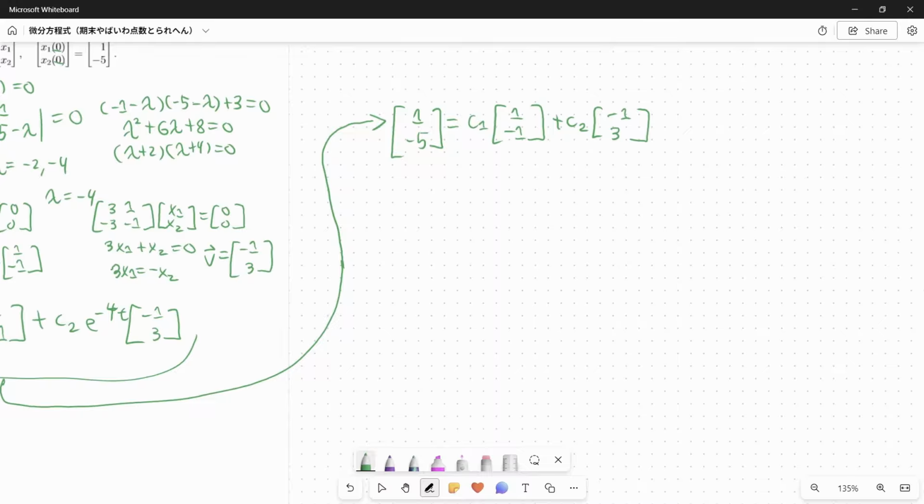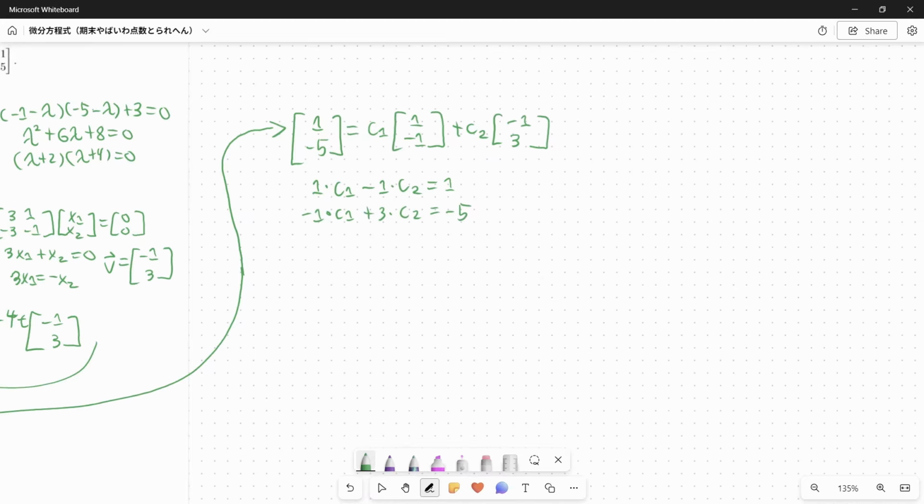Distributing our constants, you should end up with 1 times c sub 1 minus 1 times c sub 2 is equal to 1, and then negative 1 times c sub 1 plus 3 times c sub 2 is equal to negative 5. Let me simplify these expressions as well.